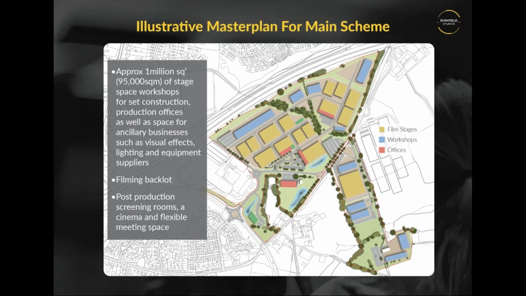What we haven't put on that key is there are 3 green boxes that you might be able to see. The one towards the bottom left, that's going to be a new cinema and post-production complex. And the idea here is that we'll be working on post-production on the films and the television shows that are at the studios during the week.